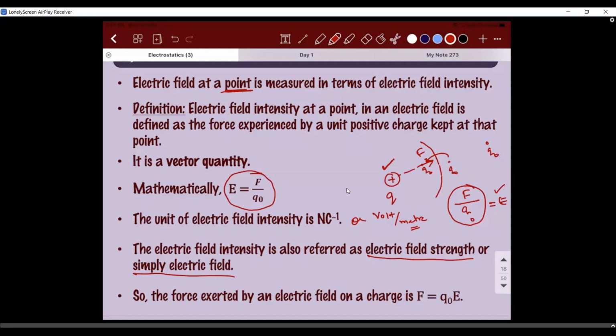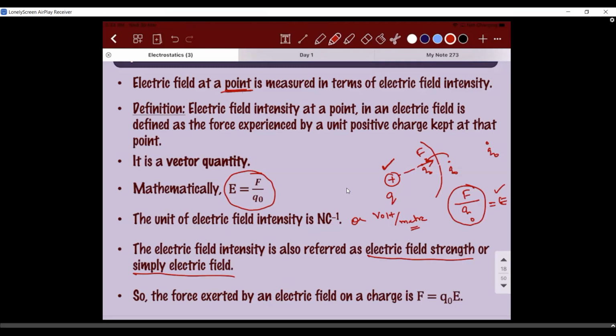Now comes an important question. So we learned about electric force, we learned about electric field intensity. These two are the two important mathematical formulas that we have learned till now. Now the question is, are they both interrelated? Means if I know the electric field intensity at a particular point and if I have a test charge, will I be able to calculate what is the force experienced by the test charge? Yes, I can do that with which expression?